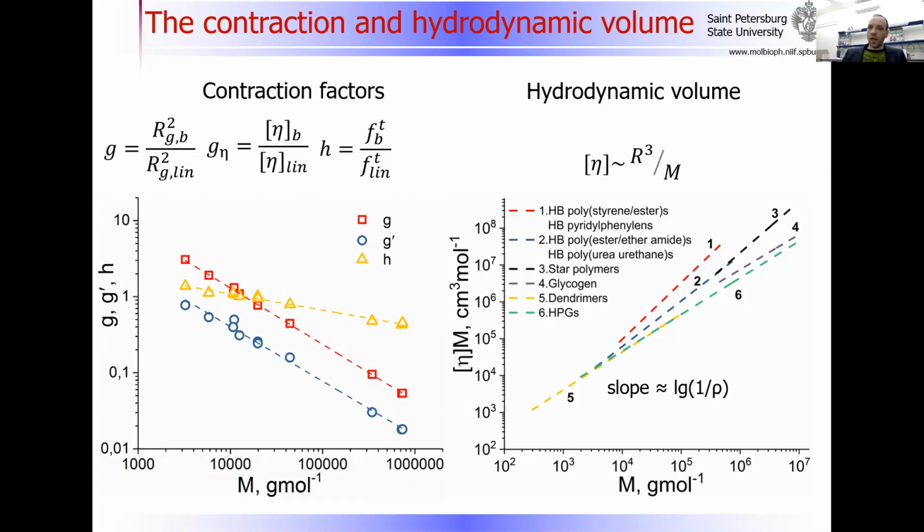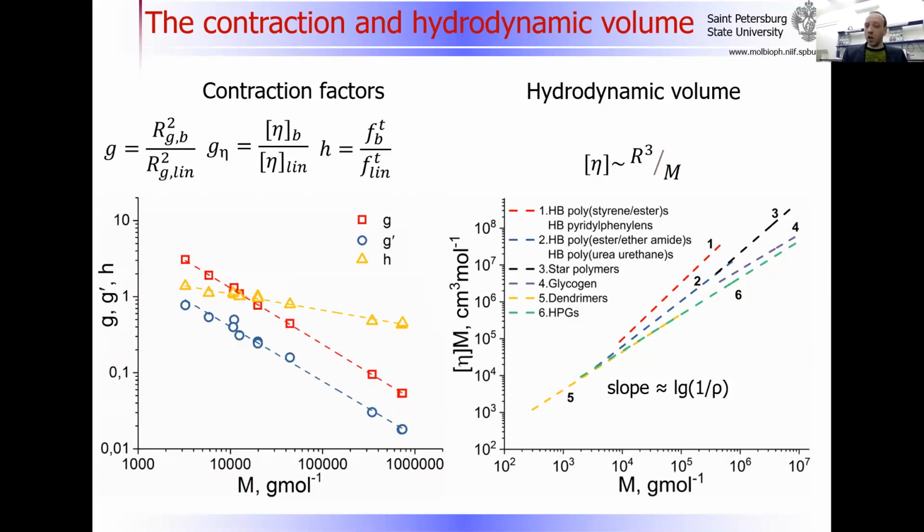They're comparable, yeah? And you have a wide distribution, while the hyperbranched ones, in this case, really coincide with the behavior of dendrimers. So they're really like dendrimers, like spherical particles, and on the other side they're much easier to synthesize. So this is really interesting.